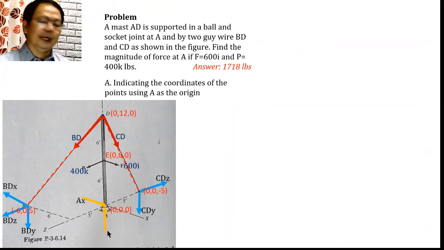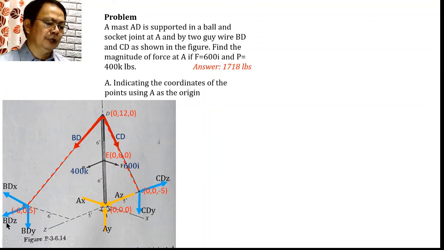Meron tayo ditong A sub y, which is also directed towards the positive y-axis or upward, and A sub z towards the positive z-axis. Kaya kung pag-aaralan natin, sa kabuuan meron tayong 1, 2, 3, 4, 5, 6, 7, 8 unknowns.